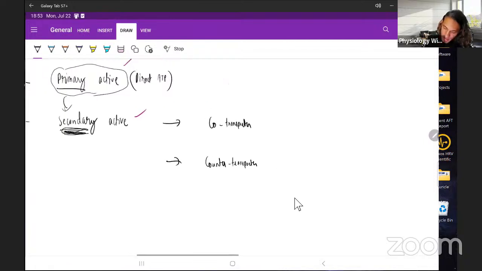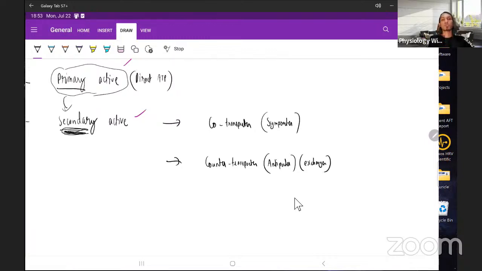We often call these symporters or antiporters or simply exchangers. You just need to give some basic examples for this.